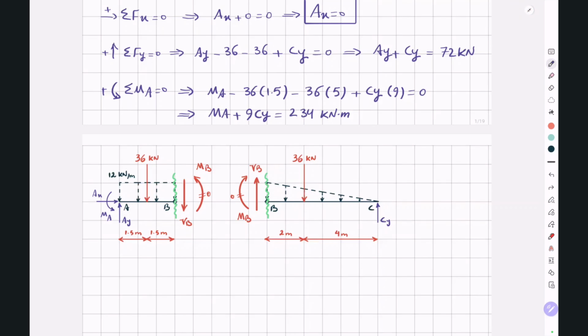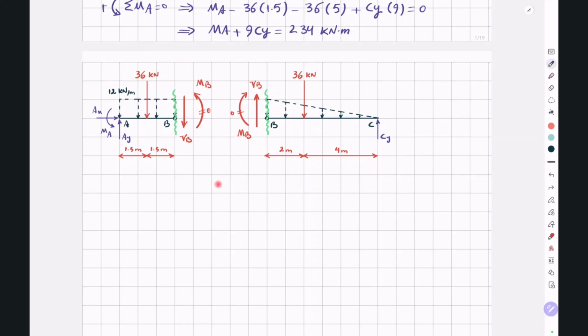So for example, for the right cut segment, if we write sigma MB equal to 0 in this direction, we have MB, which we know is equal to 0 because we have an internal hinge at point B, plus 36 multiplied by 2 minus CY multiplied by 6 is equal to 0.